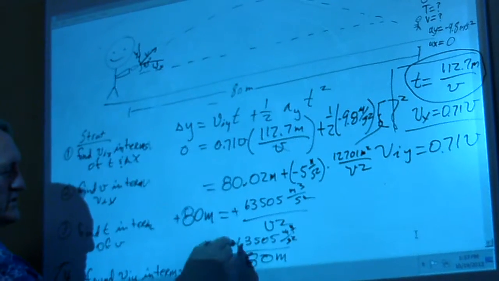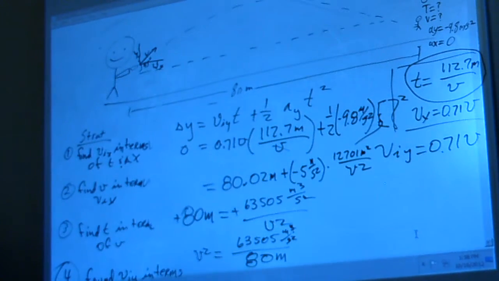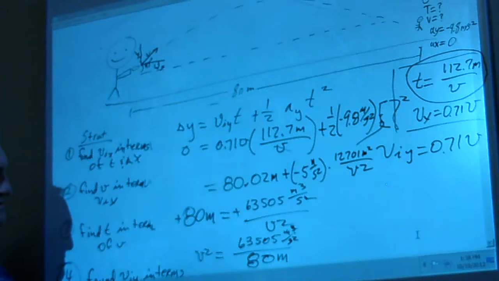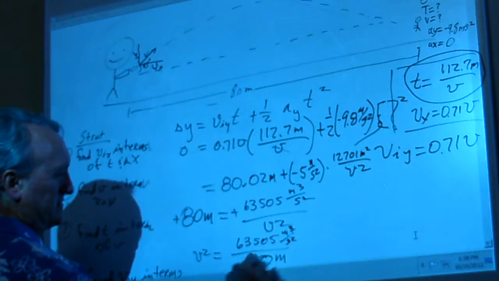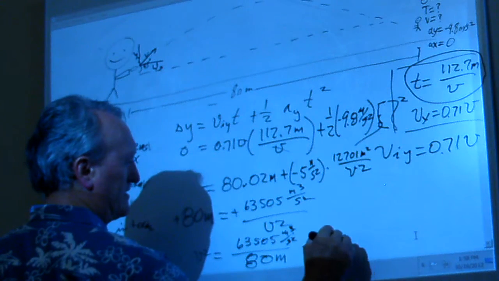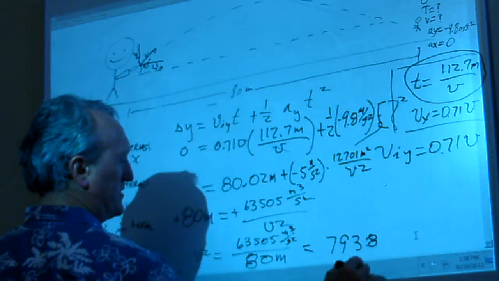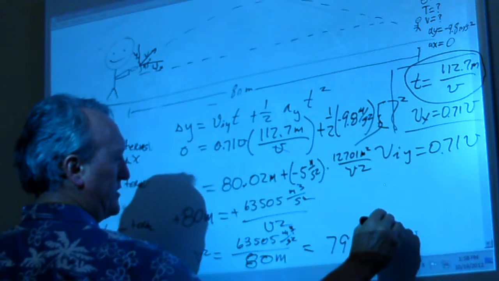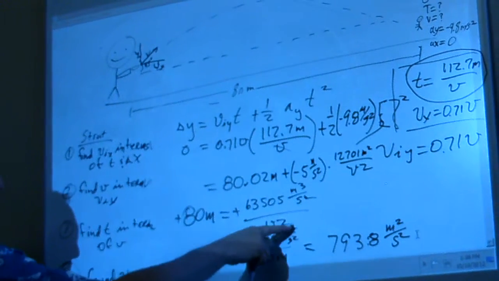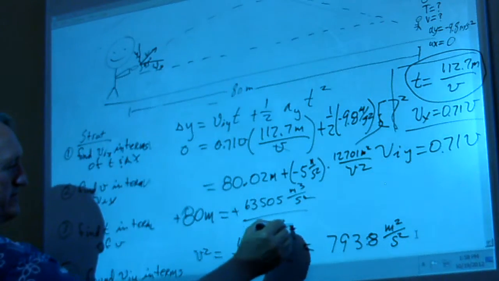So, what's 63,505 divided by 80? 793.8125 meters squared per second squared, because this is cubed, so one goes away and this becomes squared, right?